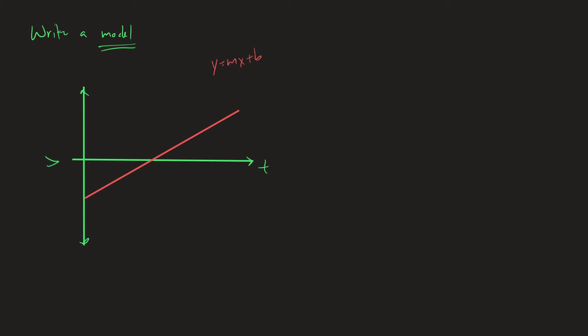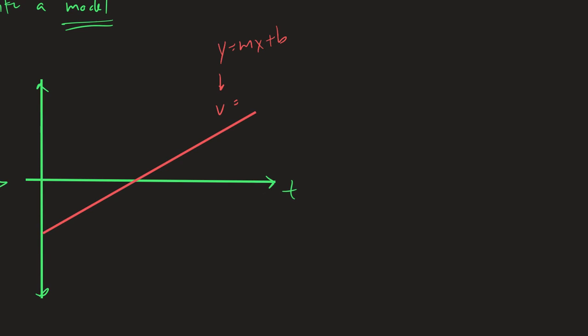Well, what is this graph but a function of the velocity for every point in time, where velocity is plotted on the y-axis, time is plotted on the x-axis. So what are my other variables? Well, this one has to be the initial velocity, and we know by definition that the slope of the velocity graph is the acceleration. This is the model that must be used if you want to express the model that describes the velocity as a function of time.